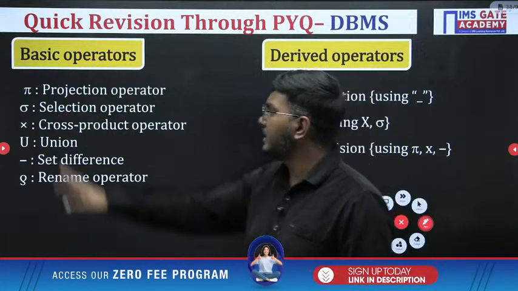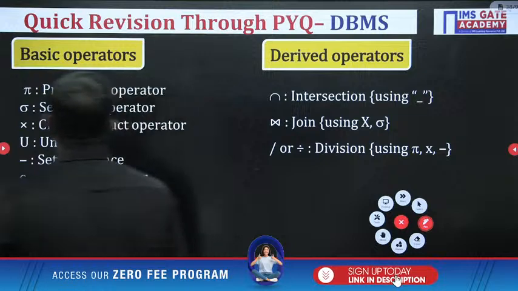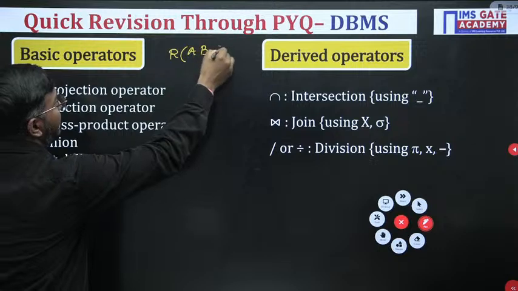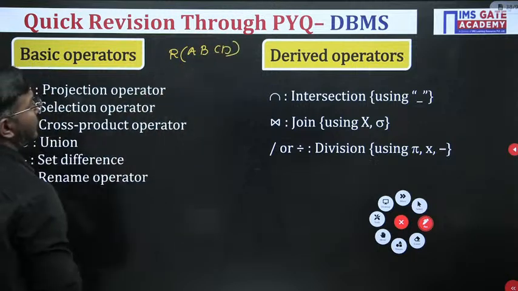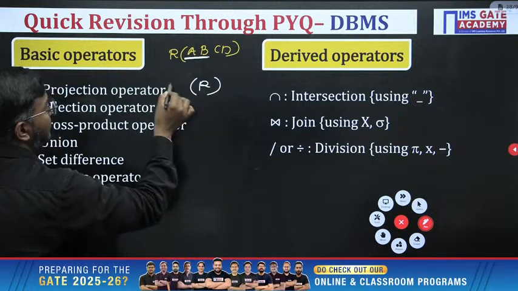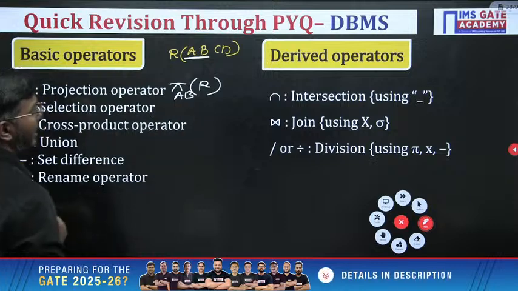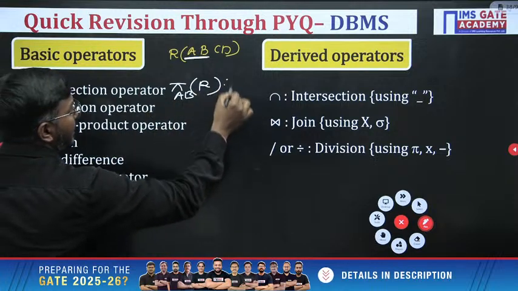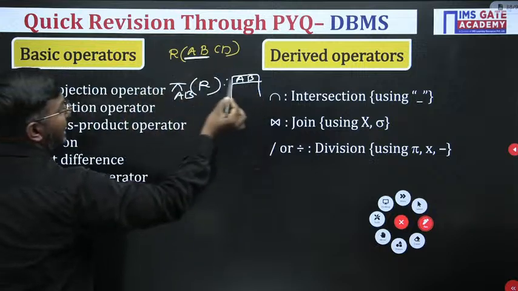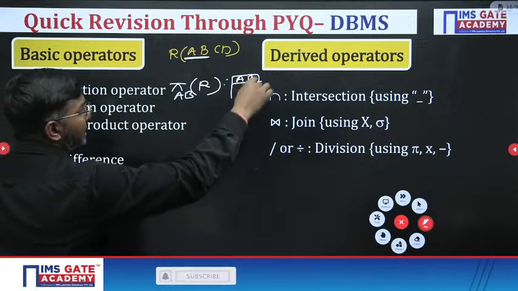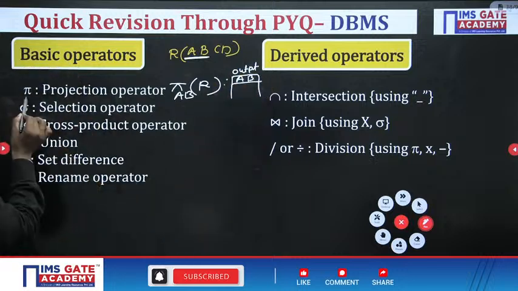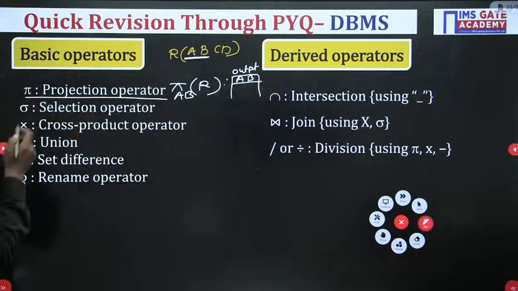Let's assume a relation R has attributes A, B, C, D. From these A, B, C, D attributes, if you want to project only A, B, then projection is used to project only attributes A, B. Then in the final table we have only the values of A and B. From this table it will take the A and B values, and this set of A and B is nothing but the output of the projection operator. Understood?